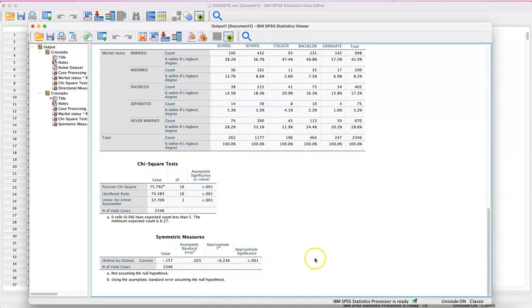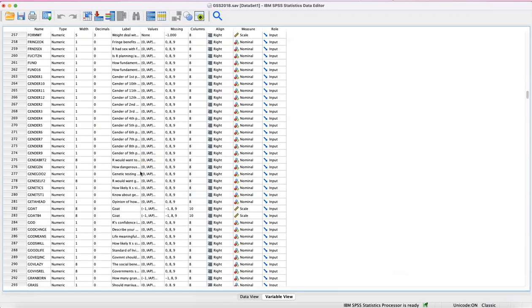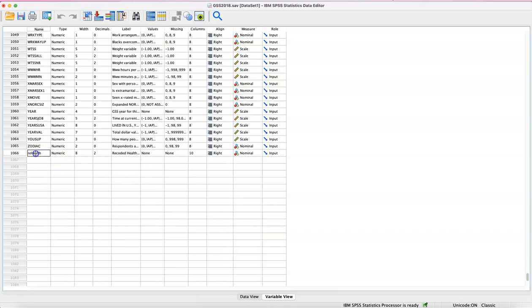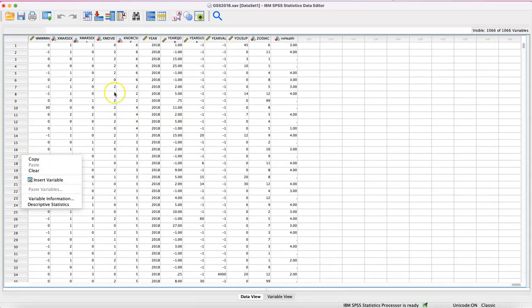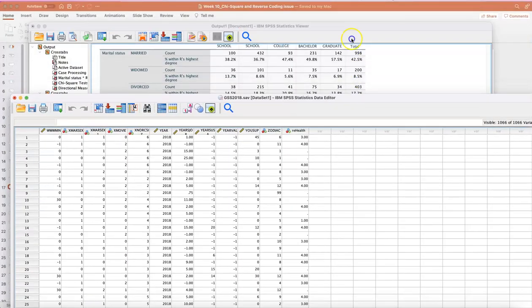Then we come back to the main data. I need to change to the variable view.